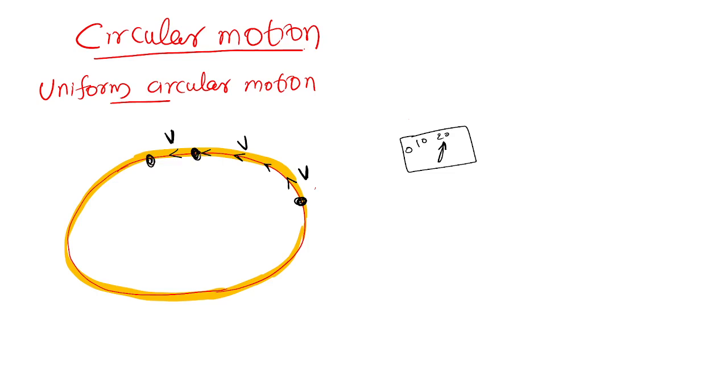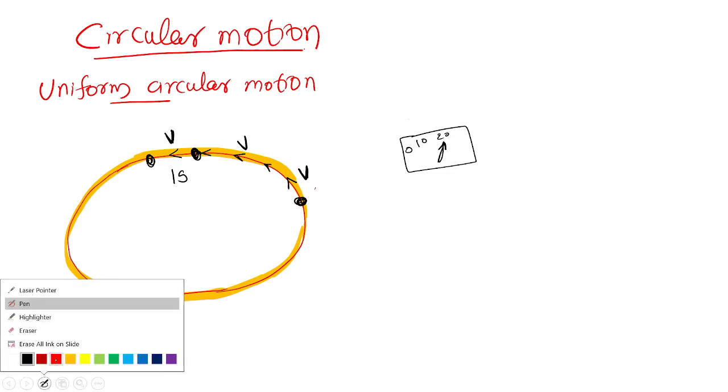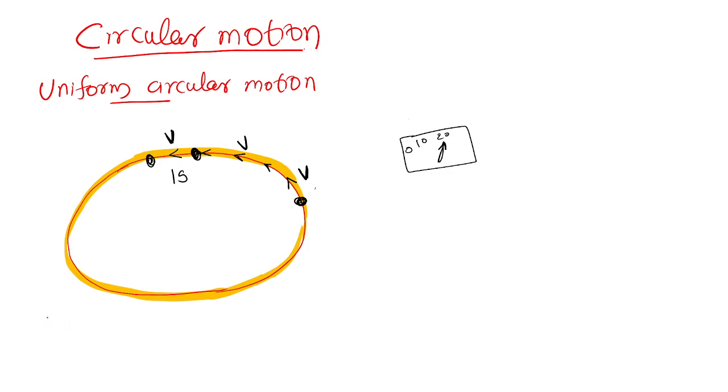Speed is the distance covered in unit time. In 1 second, how much distance the bike traveled, that is said to be speed. So, if the speed is fixed at every point, we call it uniform circular motion. So, uniform circular motion is the motion along a circle with a fixed speed. That's all. Let me write within brackets: the motion with a fixed speed.